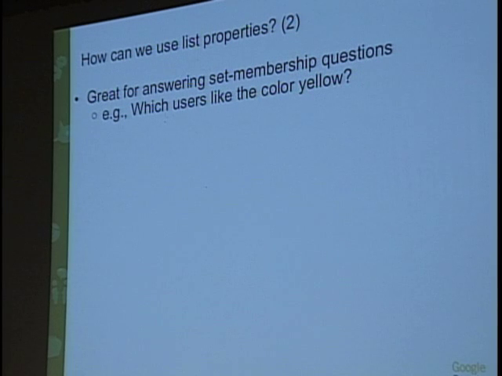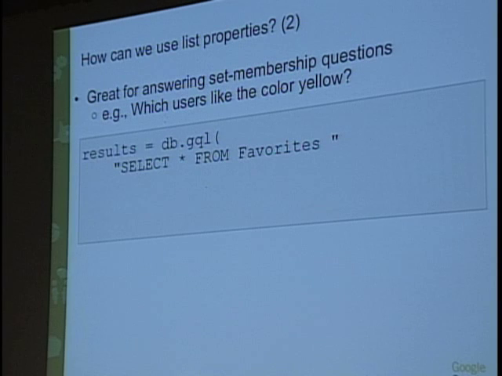List properties work a little bit better, and they're great for answering set membership questions, like, is the color red one of my favorite colors, or is the color yellow one of my favorite colors? And if we do that with our original example, using list properties, we can do everything in a single query. We can say select star from favorites where colors equals yellow.